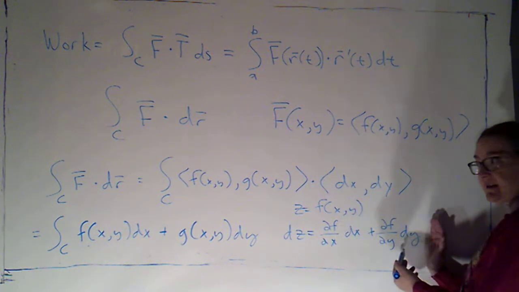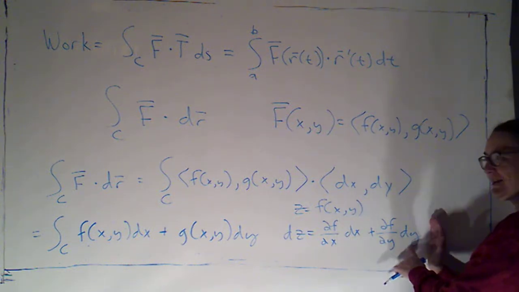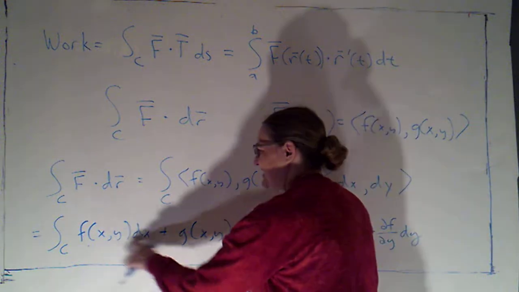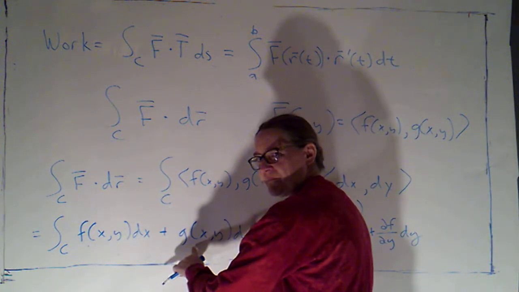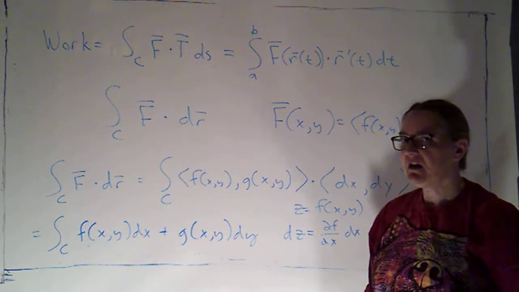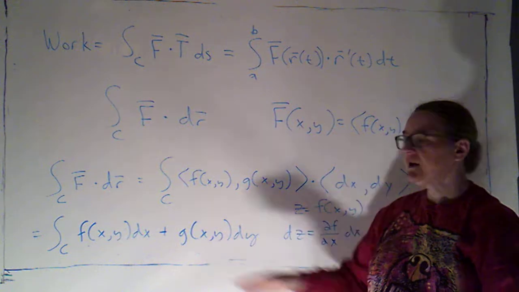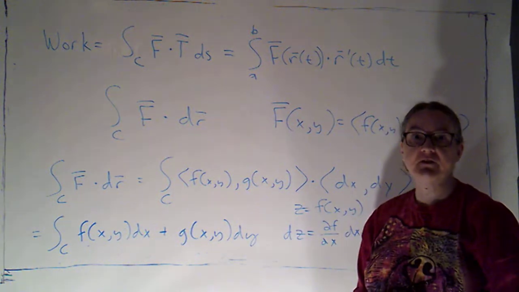So we got a sum of a function times dx plus another function times dy, which is exactly what we have right here. Now, if f and g happen to be the partial derivatives of some function, then what we're integrating here is just the total differential dz.